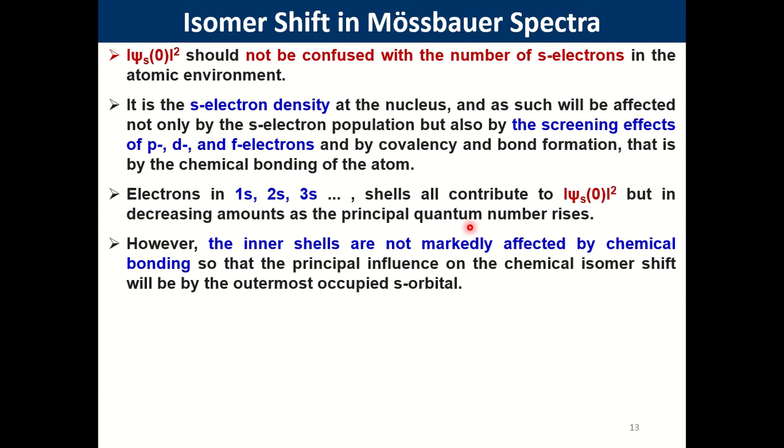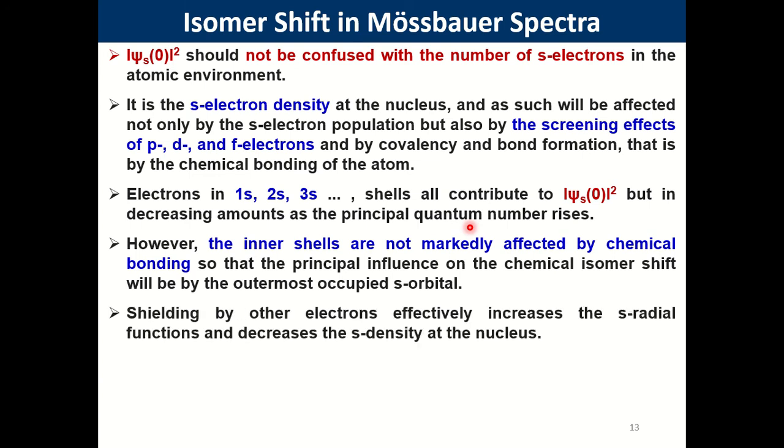But the 3s and 4s electrons will be affected to a great extent, and that is the crucial thing. By using this kind of nuclear transition, we extract information about the valence situation, around the bonding situation in a molecule or atom.